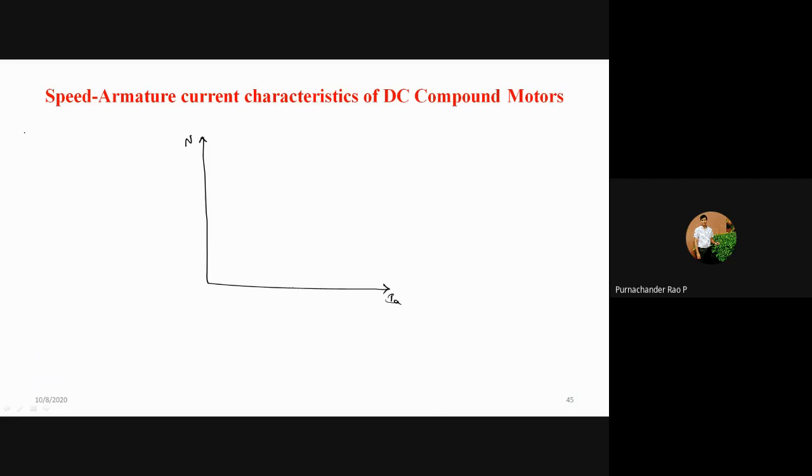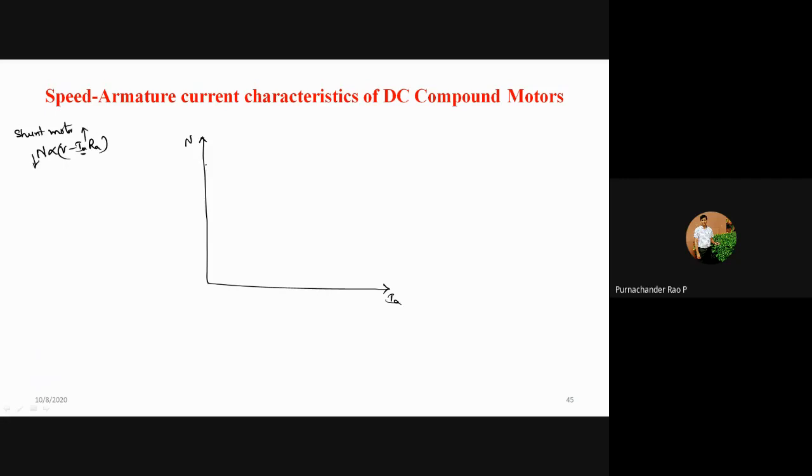So for the shunt motor, the speed is V minus Ia Ra divided by phi. Whenever Ia increases, your speed gets reduced.